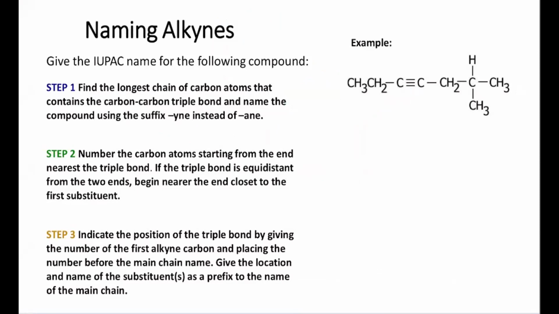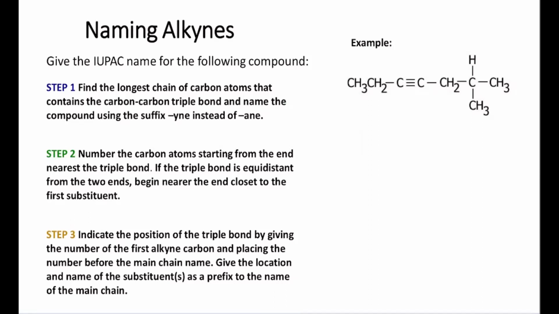Now, if we have an alkyne, our ending is going to be -yne, okay? So that parent chain, if you put the alkane name, you remove the A-N-E and you put Y-N-E, okay? So instead of -ane, it's gonna end in -yne.